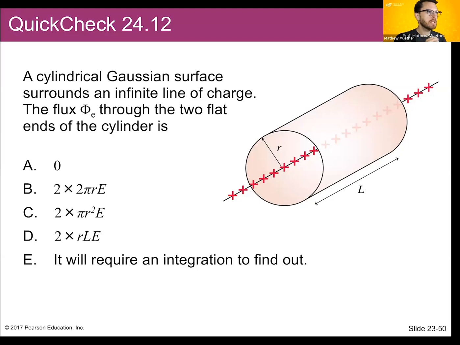So let's do this one. So here's the Gaussian surface, there's the charge. What about the flux through the ends of the cylinder? So I want to know, what does the electric flux have to look like going through the two circular ends of this particular shape? Let's go ahead and launch the poll.